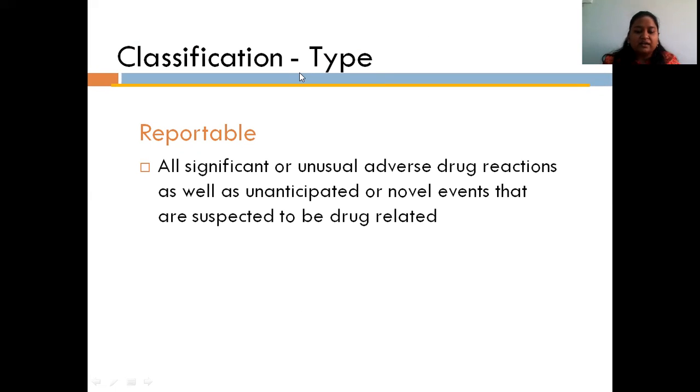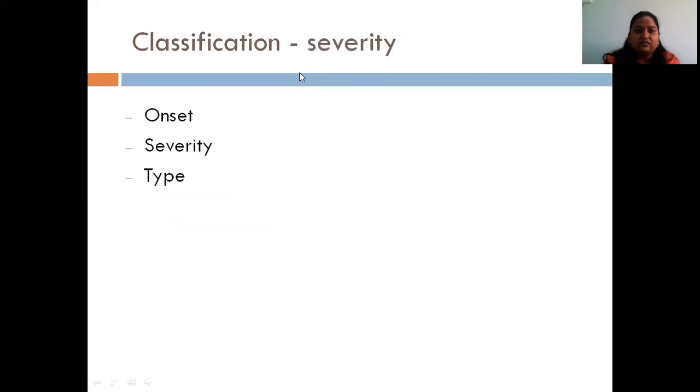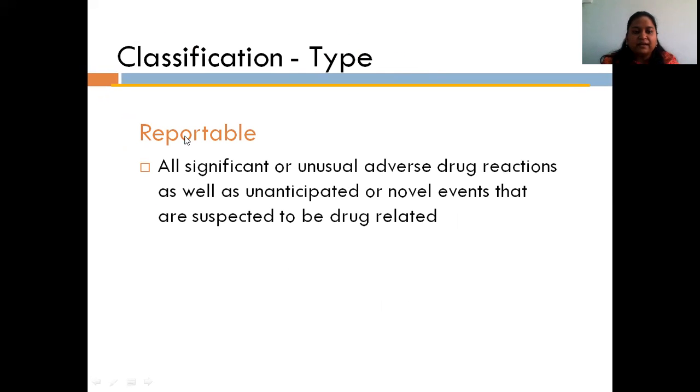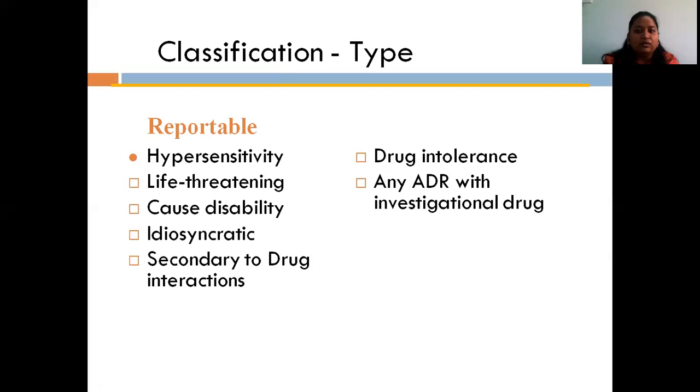Classification of type. As I have told you, the classification has been divided into three parts: onset, severity, and the type. The third one, the type, is divided into two: reportable or not reportable.